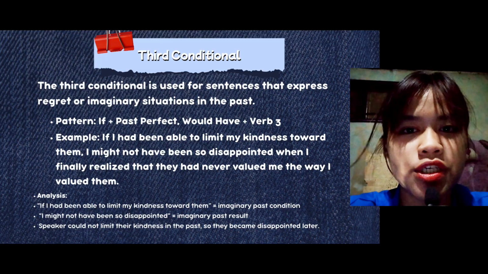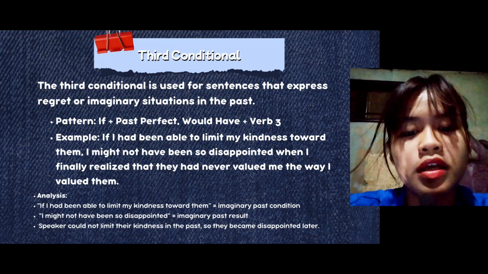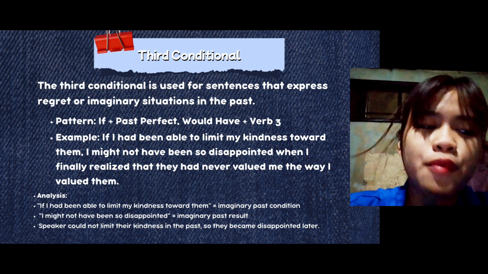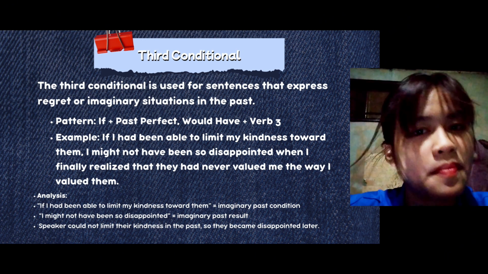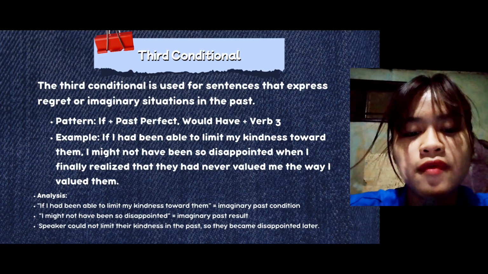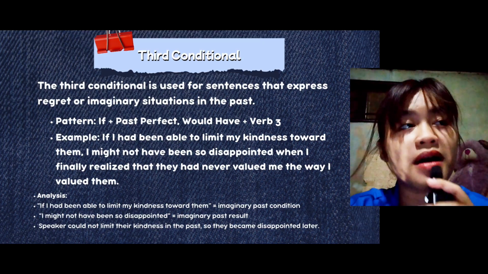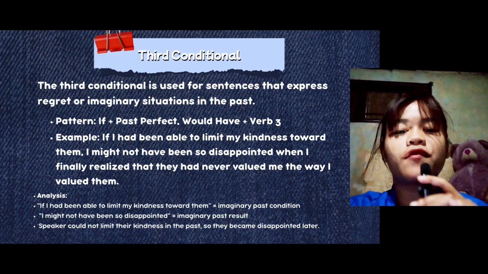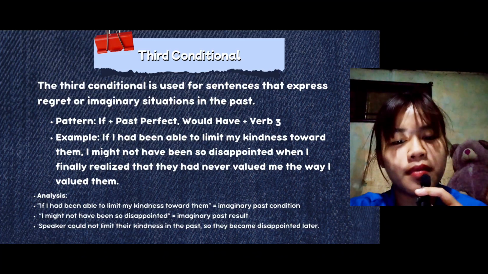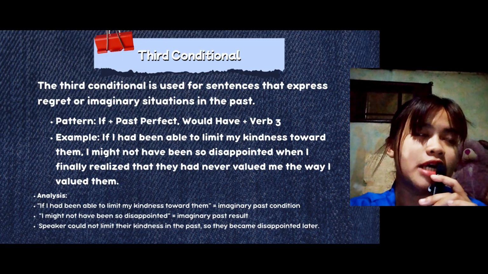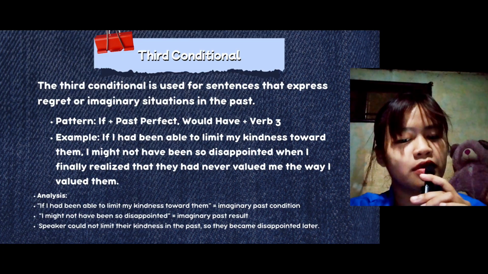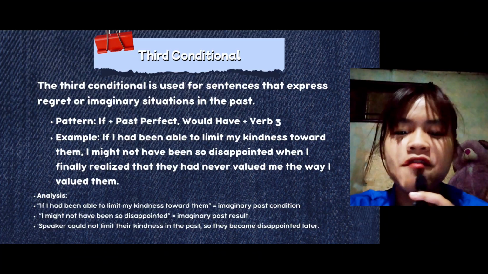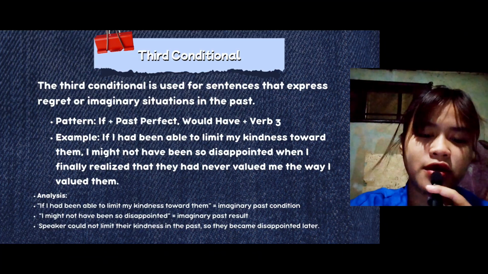Then we have third conditional. The third conditional is used for sentences that express regret or imaginary situations in the past. For the pattern, it's if plus past perfect, would have plus verb 3. For the example, if I had been able to limit my kindness towards them, I might not have been so disappointed when I finally realized that they had never valued me the way I valued them.